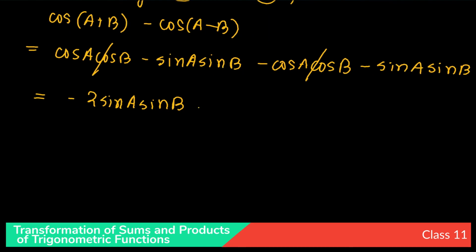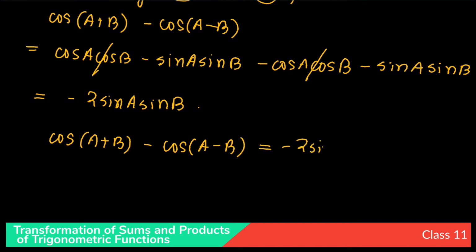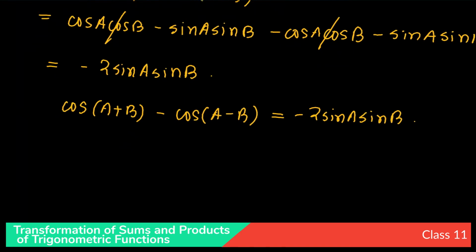So it is another formula that cos of A plus B minus cos of A minus B is equal to minus 2 sin A sin B. Now if you want to remove the negative sign, then we can take minus common.